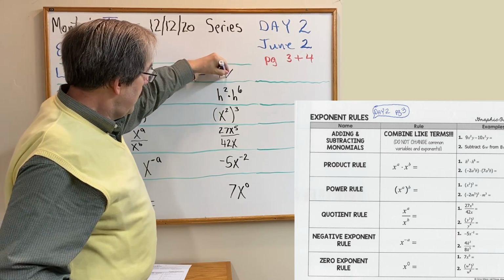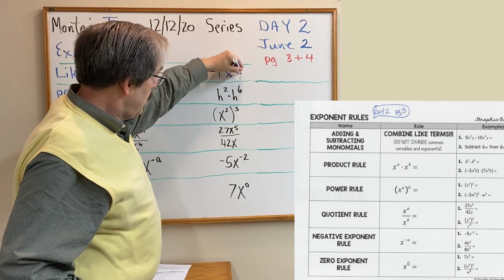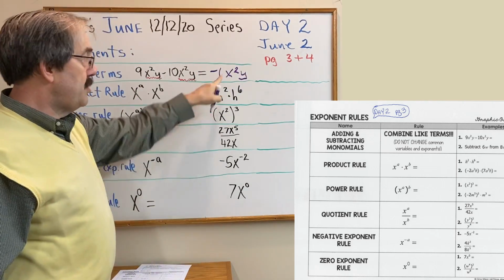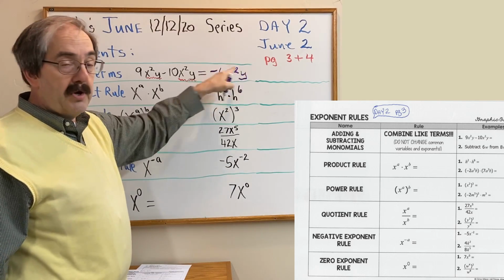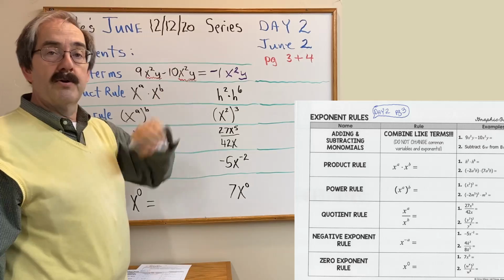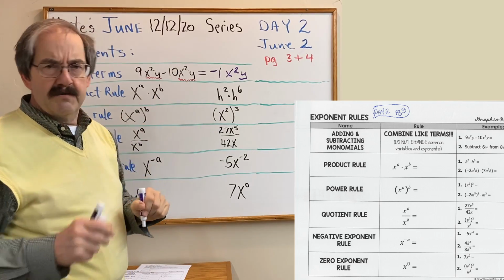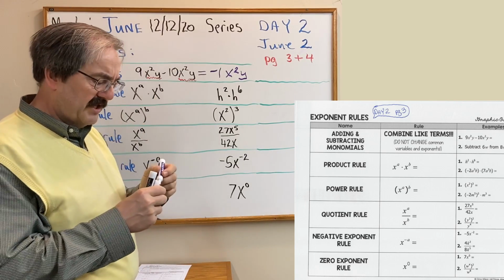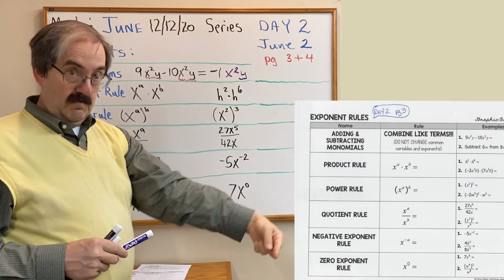Negative 1 x squared y. We do not change the variable. We do not change the term. It's just how many of them there are total. Combining like terms, that's the very first thing we're going to be practicing on Wednesday.